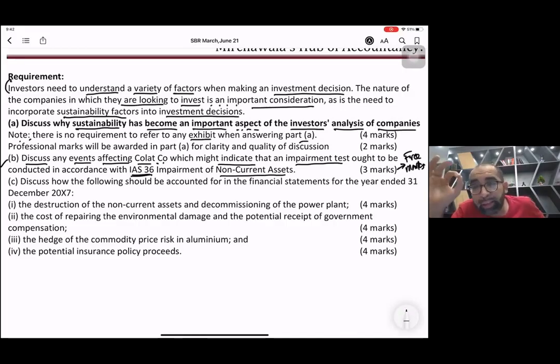Like if I'm investing in a car company, the car company has a direct relationship with pollution, so I will be very careful regarding this sustainability thing. But yes, if I'm investing in any other business which is not linked too much with the environment, my criteria will be a little bit relaxed. Are you getting? Yes, got it. Then next thing.